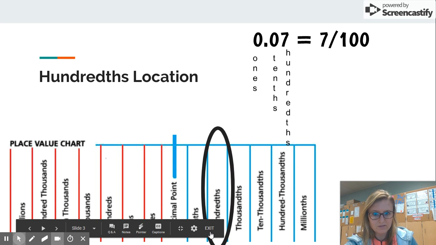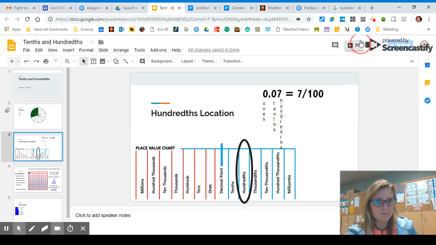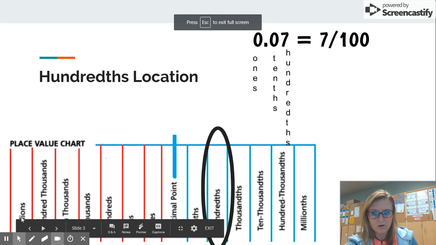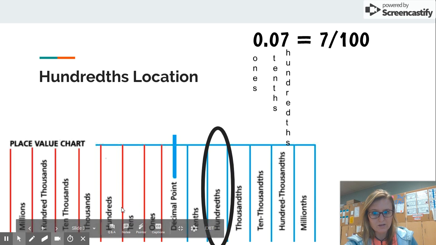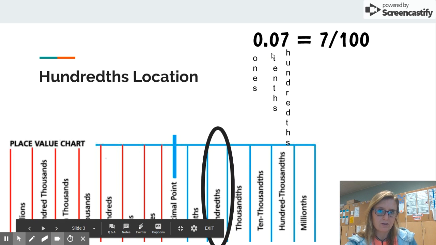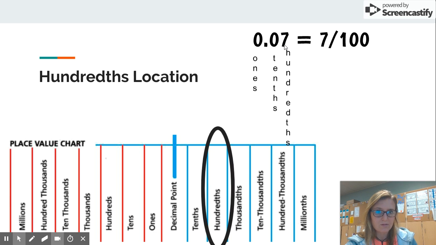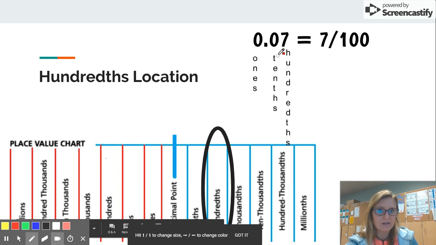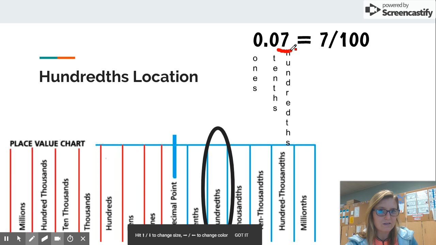We have all of our place values from ones to tens to hundreds, and then we have our decimal point, and we go into our tenths and our hundredths. Up here, I've given you an example of what 0.07 is, that it was equal to 7 hundredths, because the 7 is in the hundredths place.